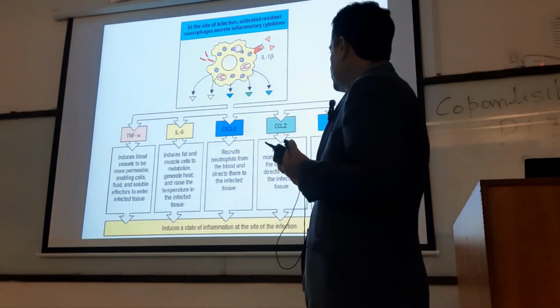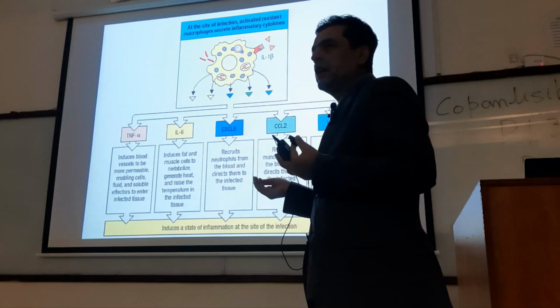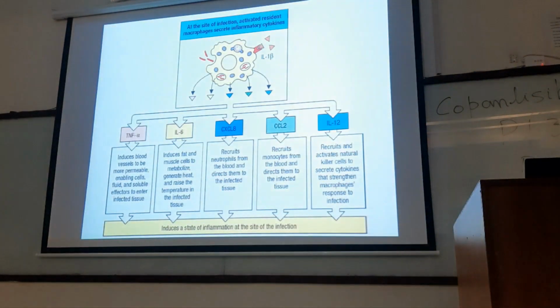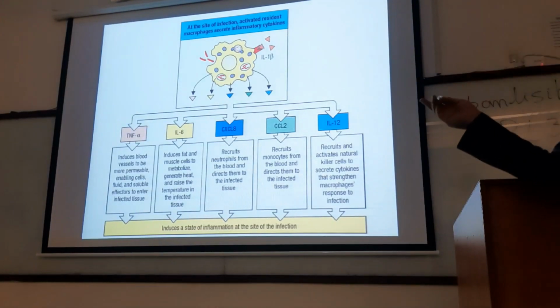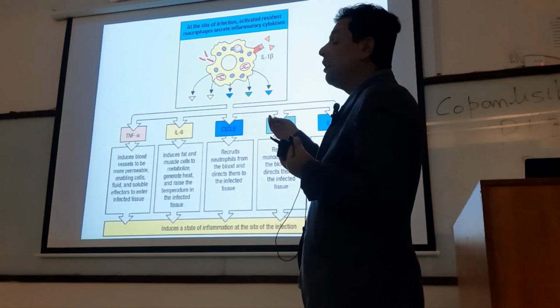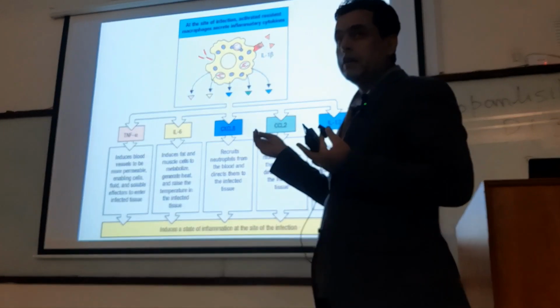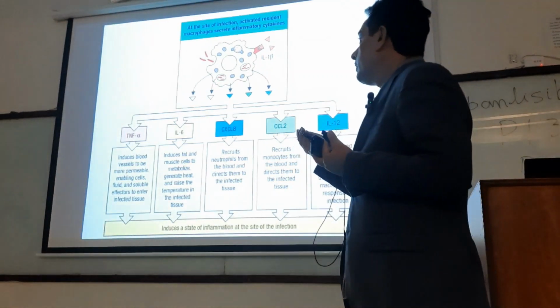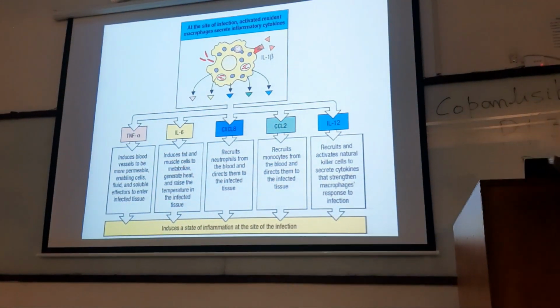So reinforcement is in the form of monocytes. That monocytes should go from the blood circulation into the tissues to compensate for the loss that already has happened at the site of infection in the form of losing macrophages there, okay, due to infection.